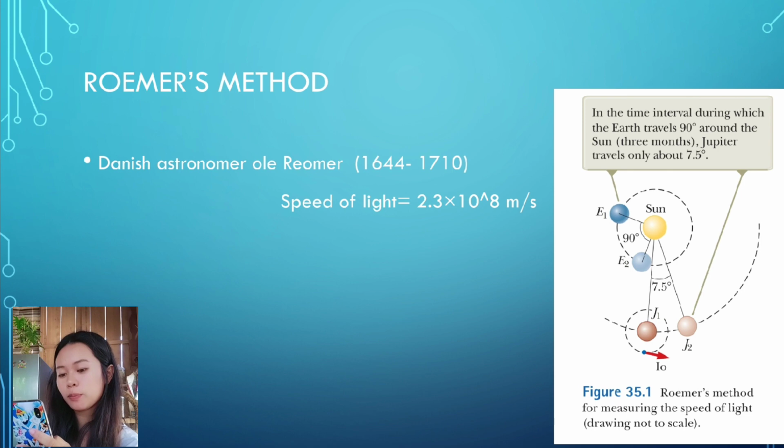Io has a period of revolution around Jupiter of approximately 42.5 hours. The period of revolution of Jupiter around the Sun is about 12 years. Therefore, as the Earth moves through 90 degrees around the Sun, Jupiter revolves through only 1/12 times 90 degrees, which equals 7.5 degrees, shown in figure 35.1.